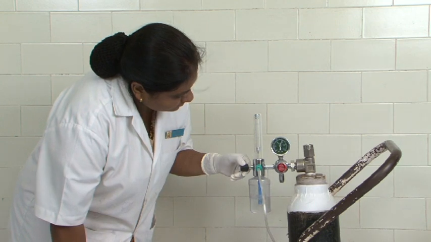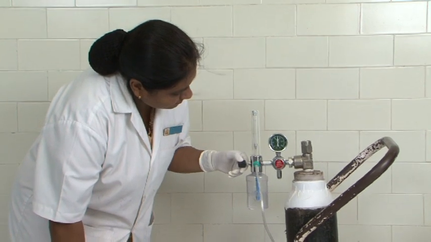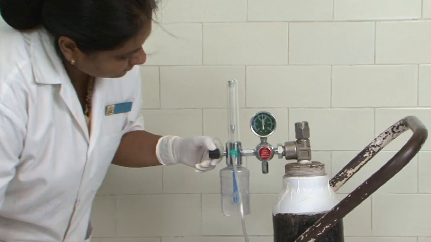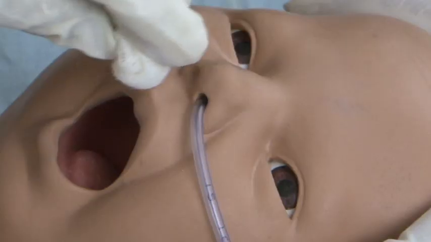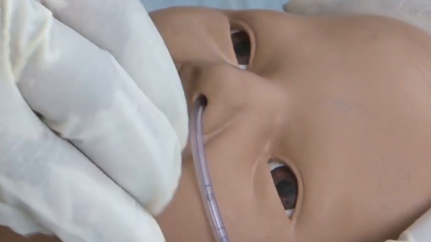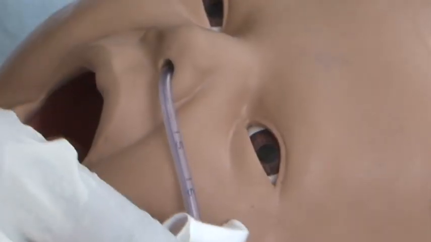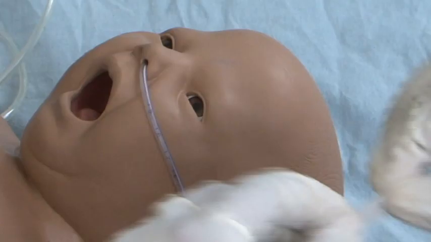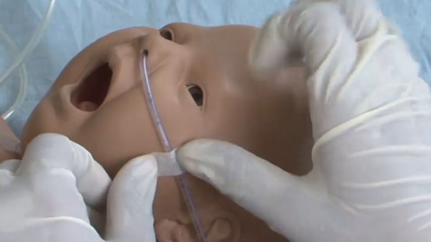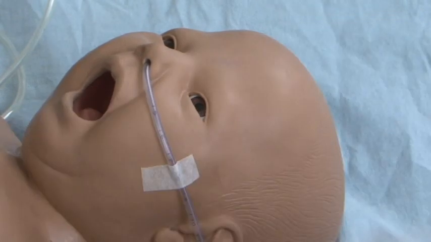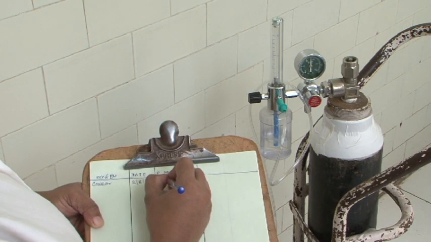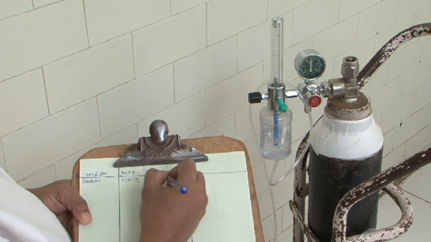Adjust the flow of oxygen to achieve the desired concentration. Clean upper lip with a damp cloth and bend and attach catheter with adhesive tape on cheek to allow some neck movement. Record time and rate of oxygen administration.